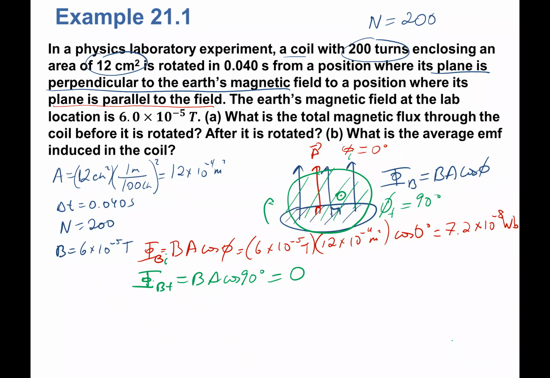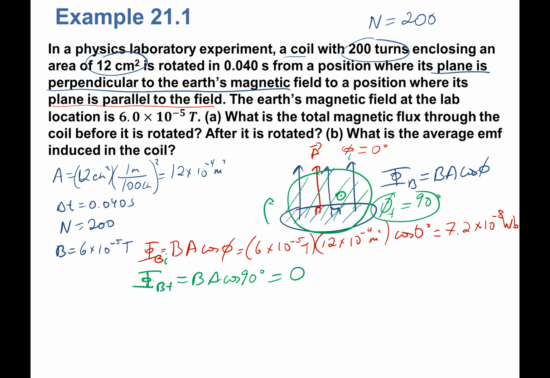That means if you rotate this coil to be where the plane is parallel to the field, well, plane parallel to the field means no field lines going through that plane, which means that phi is 90 degrees, because you are taking the angle between the magnetic field and vector A, which in this case is out of the page. All right.